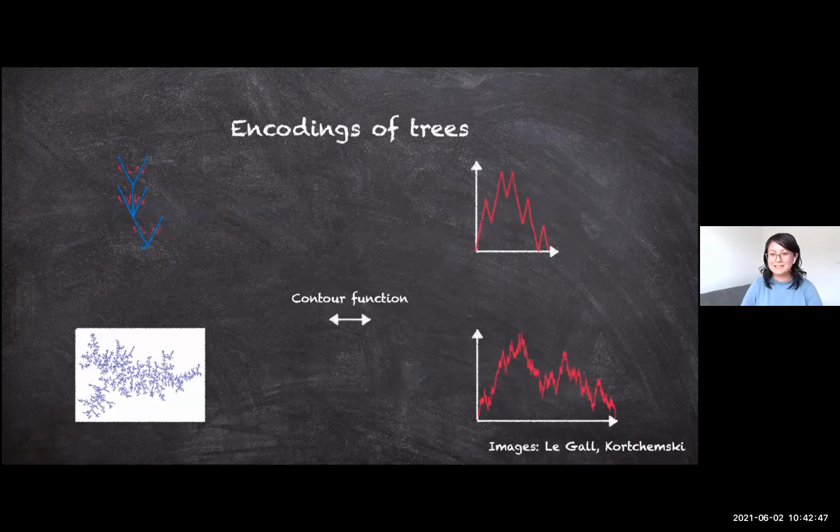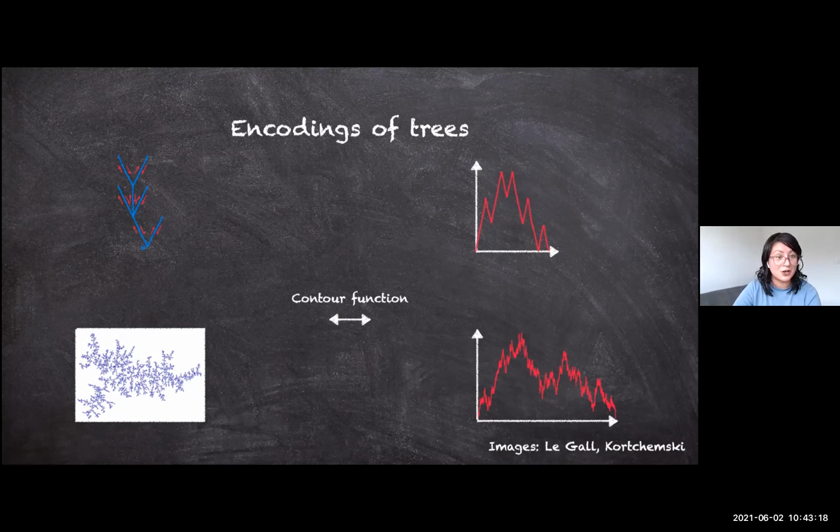So let's start with a beautiful main idea in all this, and this is these encodings of trees. It is very well known that if we have a tree like the one I have on the left, we can encode it with a real function by just taking its contours. We consider a particle starting at the root, and it explores our tree as the arrows indicate.